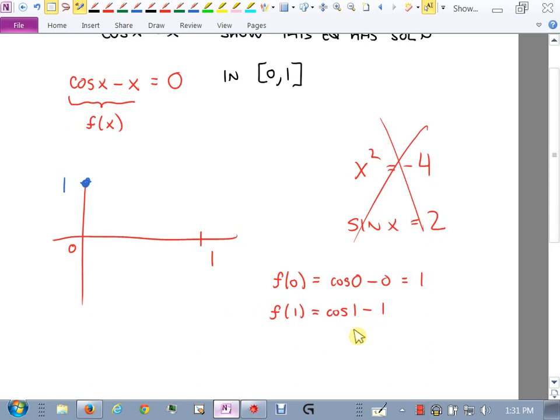You could use a calculator, make sure you're in radian mode, and then subtract 1. What you're going to get if you do this on your calculator is a negative number. Right? It's going to be a negative number. So that means that out here at 1, I'm some negative number. I'm going to put a dot.